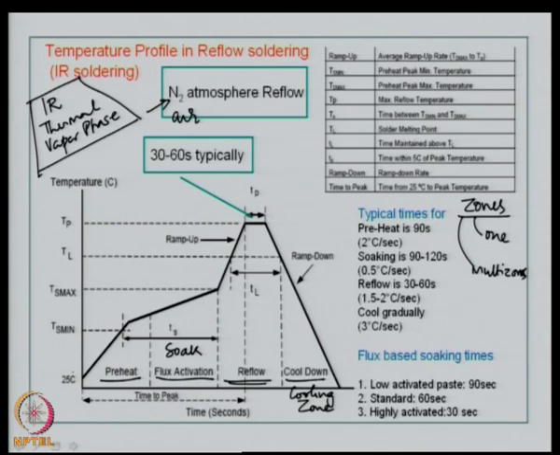We start with the room temperature, let us say 25, then it slowly moves to a predefined temperature, let us say that is known as the preheat peak. Minimum temperature and maximum temperature can be defined.